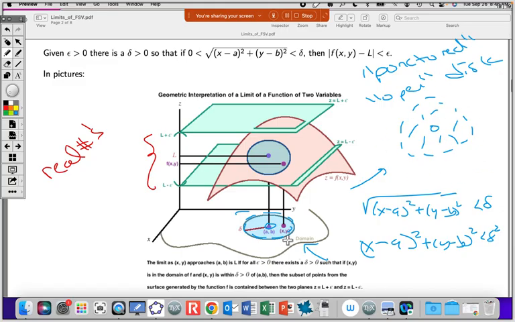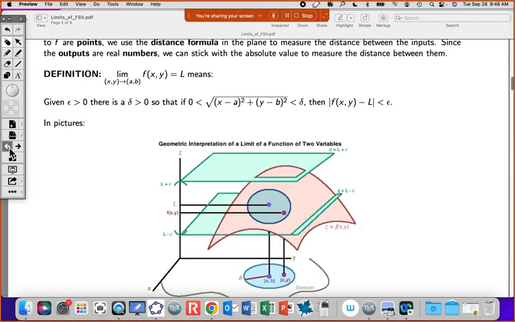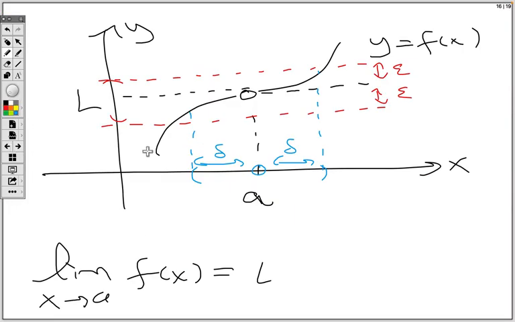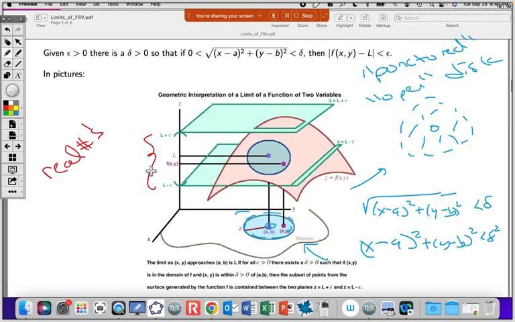Okay. So something you should do in the privacy of your own home is to look at this definition, study this picture, and see how this is just one dimension up of what we had back in Calc 1. So in other words, if you take this picture and this story from your Calc 1 class or your AP Calc class, and you bumped up the dimension of the inputs, this is the picture you'd get.